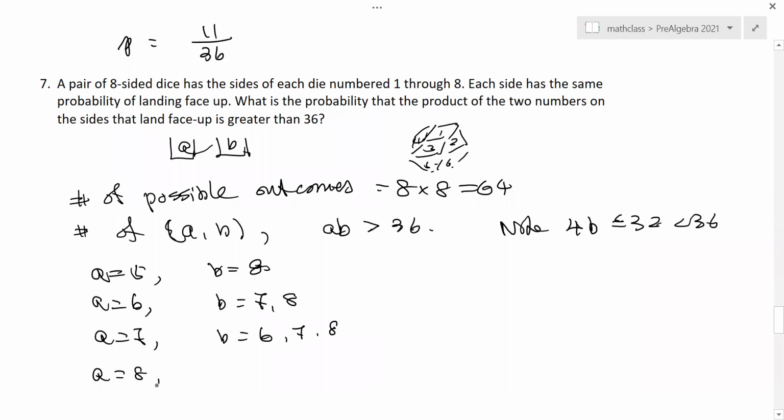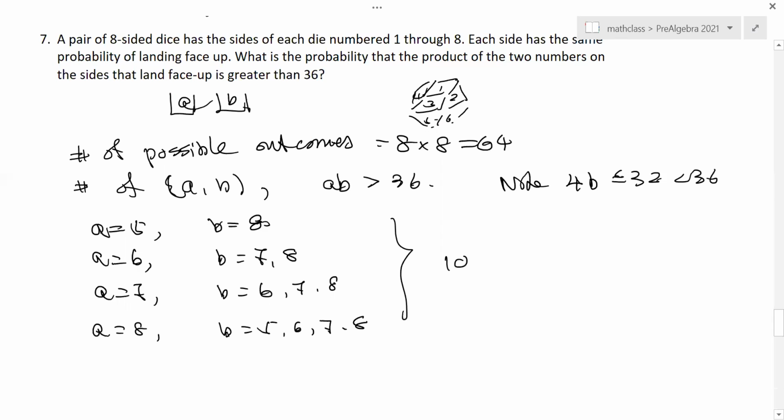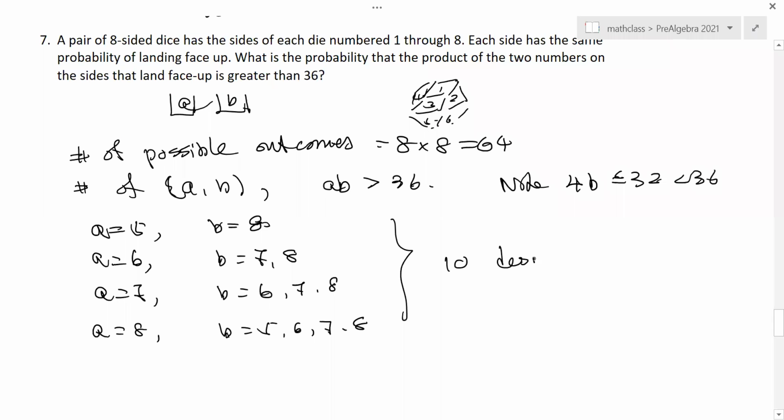If A is 8, B can be as low as 5: 5, 6, 7, 8. It's just a few cases. So in total you can see that's 10 successful outcomes.